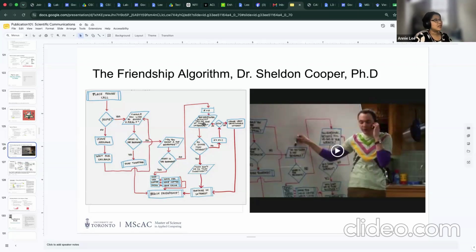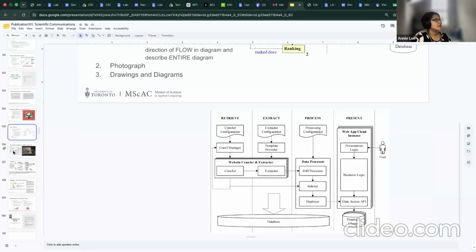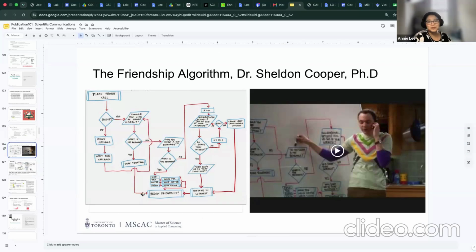If no, then is there another activity that we can do? Is there a shared interest? No. And then he was stuck in this infinite loop until his friend says, after 6, just pick the least objectionable interest, and then begin friendship. So this is Sheldon Cooper's, probably slightly autistic physicist, friendship algorithm.